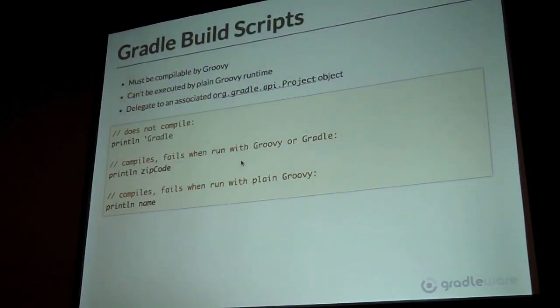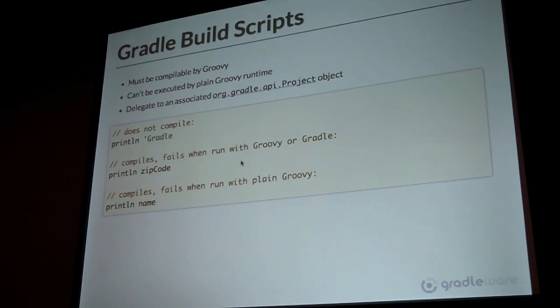And the base entry point into that object model is this interface here, the Gradle API Project. So you can look that up in the DSL reference, and it will tell you exactly what you are allowed to write at the top level of a Gradle build script. And if you look, in the DSL reference, project has a name. That's the name of the project that you want to build. And that's why this println name is short for println project.name, and that makes a valid Gradle build script.